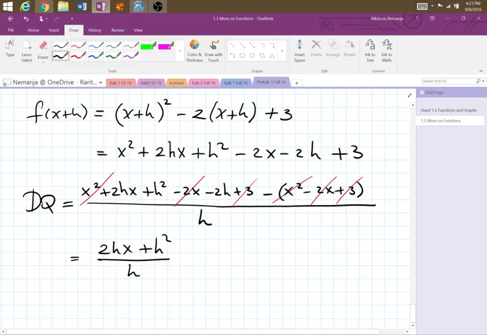Is there any way to simplify this? We do what? Take out the h. Very good. So h times 2x plus h over h. Anything else?